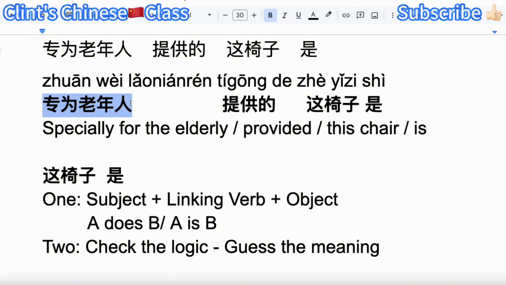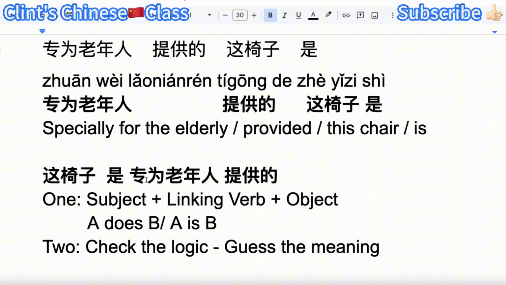专为老年人, this is not complete, right? Because it's not a noun phrase, so you cannot use it as object alone. But what if we put it together with 提供的, right? 专为 means especially provided for the elderly.